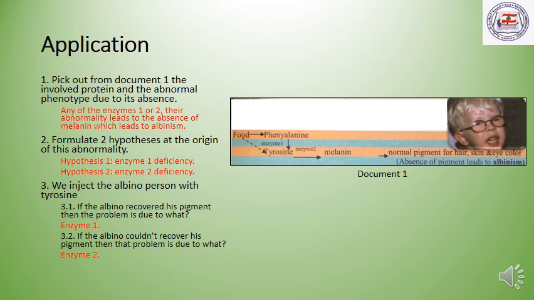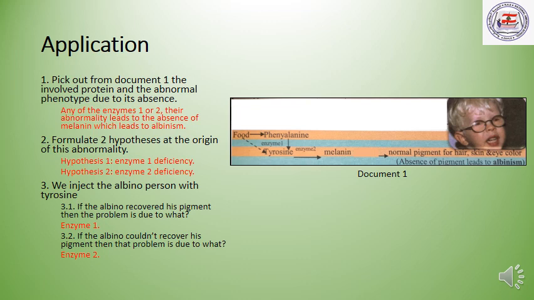So we should think, if we had an absence of melanin pigment and as a recovery process tyrosine was injected, it is as if we added a molecule that compensated the loss of enzyme 1, if enzyme 1 was actually lost. And this would lead to an appearance of melanin pigment. Therefore, the problem would be in the absence of enzyme 1.